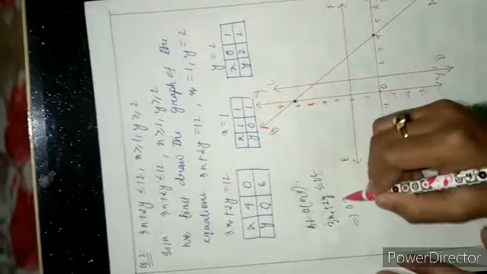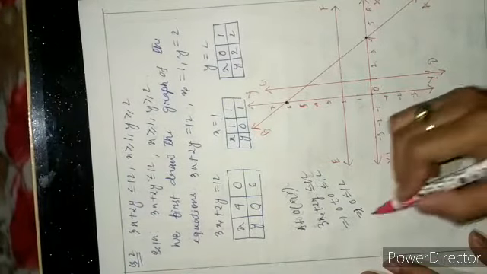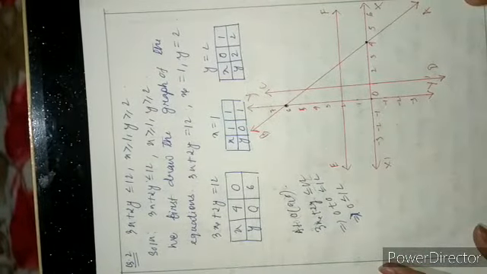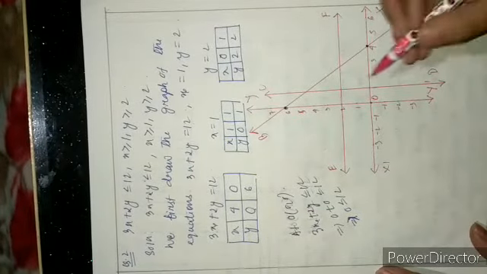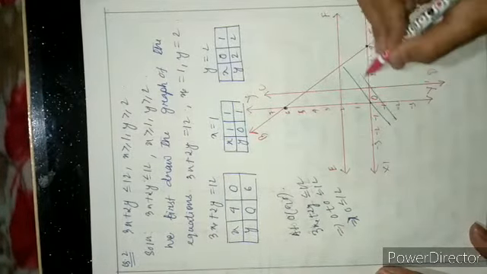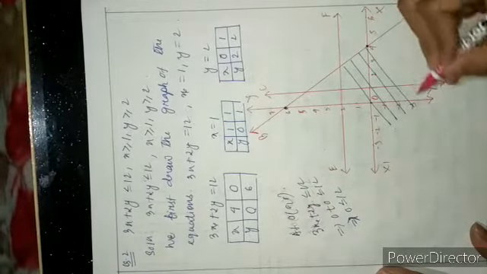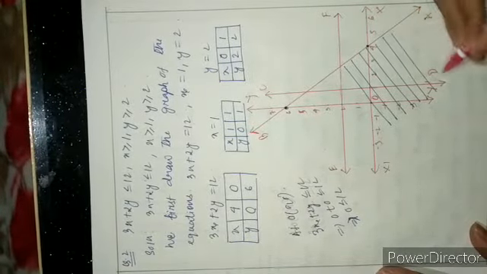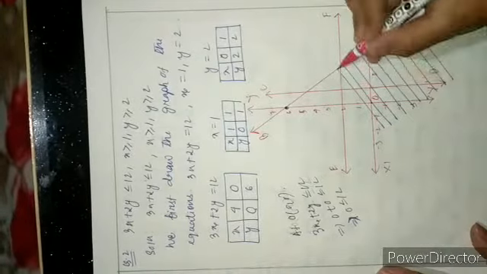The value of x is 0 and the value of y is 0, so 0 is less than 12, which is true. So the correct half plane of the inequality is the region below the line AB. Draw parallel lines which are perpendicular to the line AB.